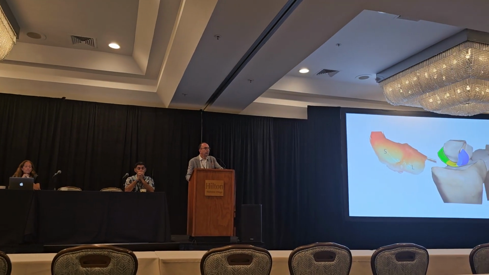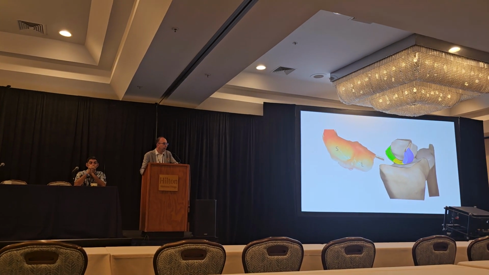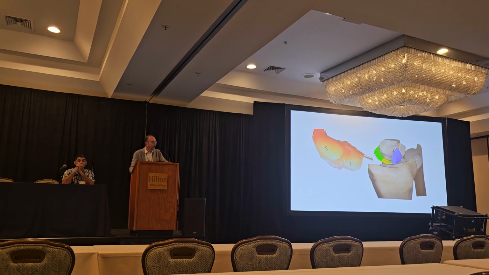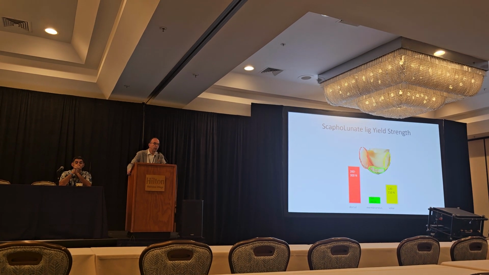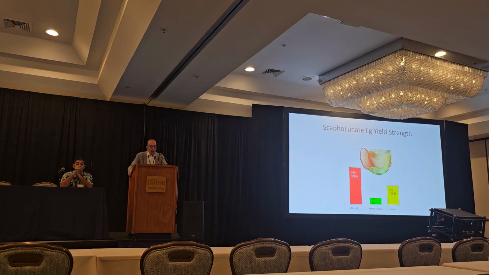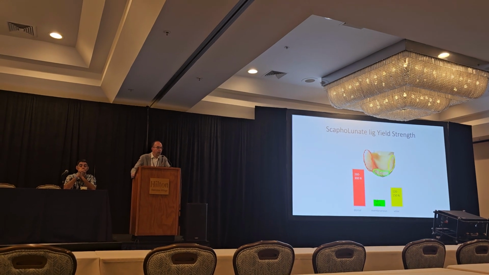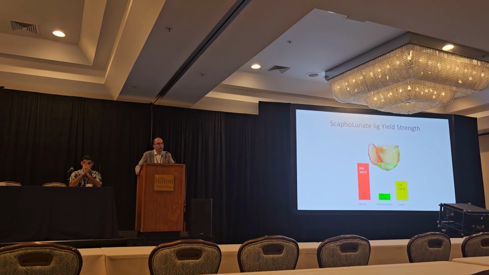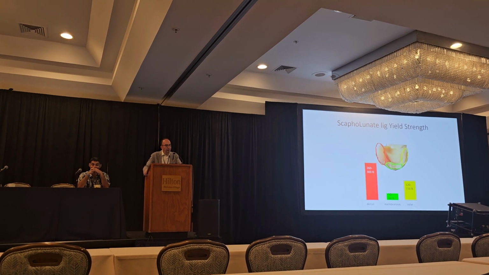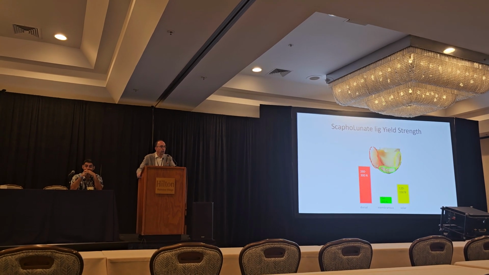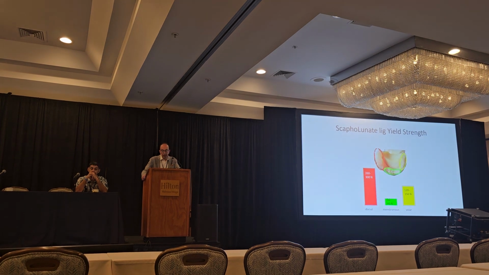Now, the scapholunate ligament in itself, when you first see it in the OR, is not particularly impressive. There's this strong dorsal part that we all know of. There's a very weak membranous part, and there's the volar part that has received little attention, but it essentially is half as strong as the dorsal part.